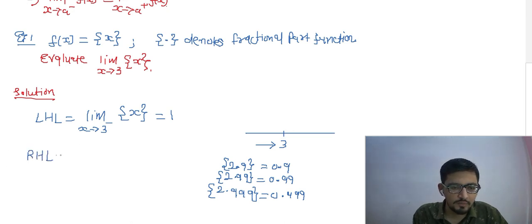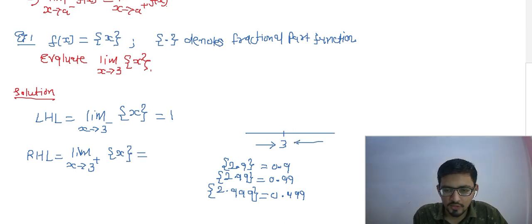For the RHL, limit x tends to 3 plus, the function given is again the fractional part of x. You can see x is approaching 3 from the right side. For example, you can take 3.01, then 3.001, then 3.0001.